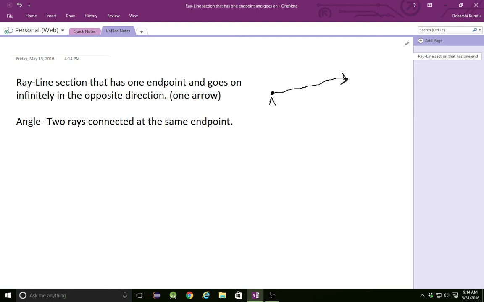We call this point A, and so this here is an endpoint on the left side. However, on the right side, the opposite direction, the line goes on infinitely, or goes on forever, as indicated by that arrow.